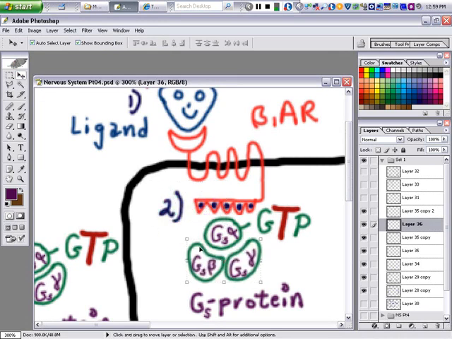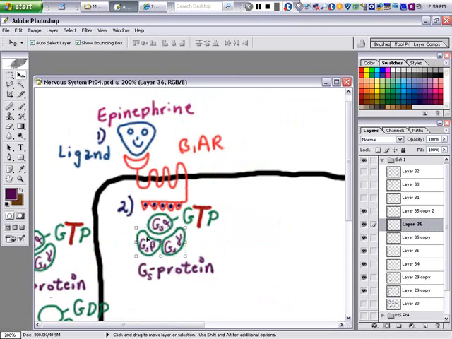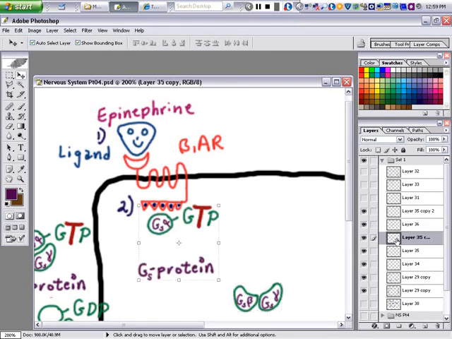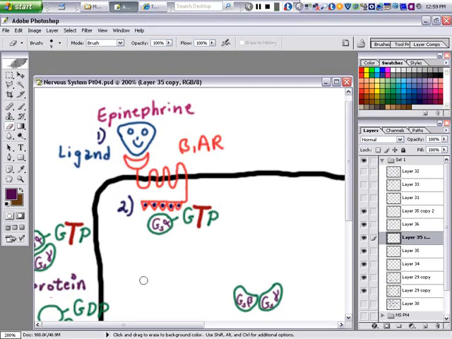So once GTP binds, we're going to lose beta and gamma. Beta and gamma are going to go away because we don't need those anymore. And actually, I'm going to get rid of the name too, because we have it somewhere else.